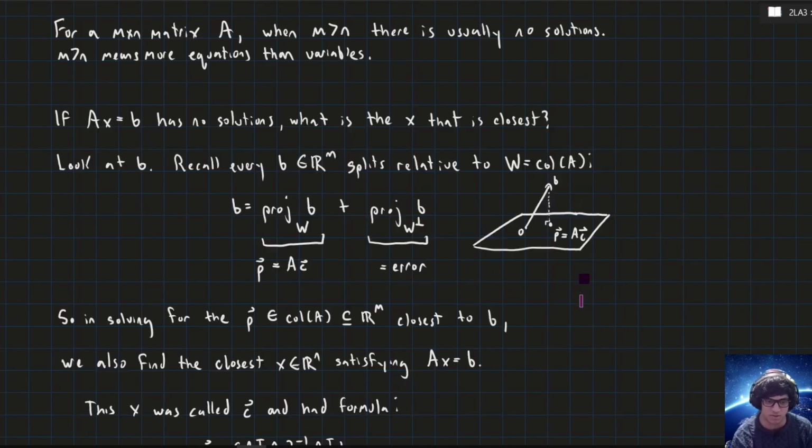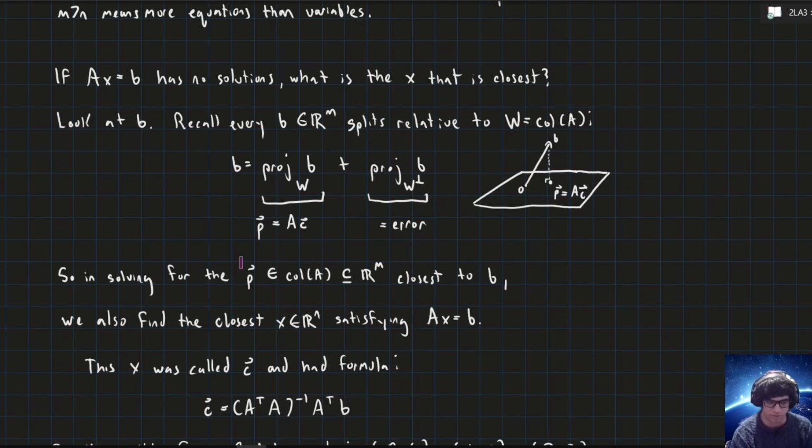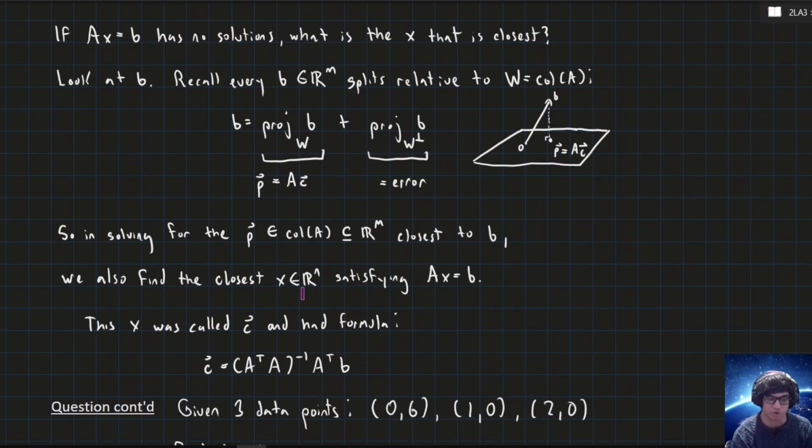When we solve P equals Ac, we're actually minimizing the error. We're making the error as small as it can be. So when we find the projection, which is the P closest to b, we're simultaneously solving for the x in Rn that satisfies Ax equals b.